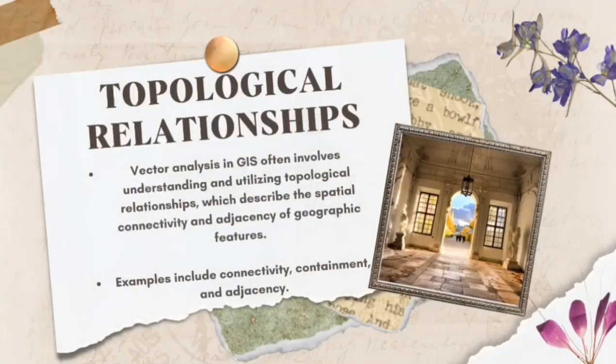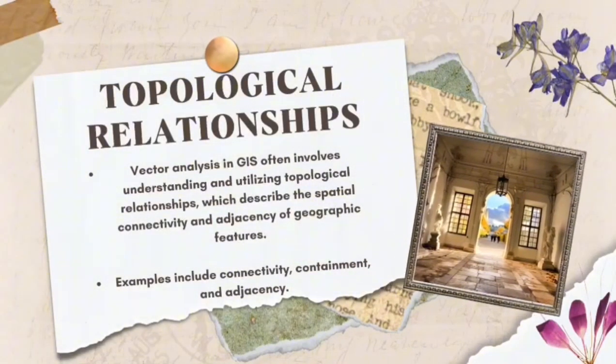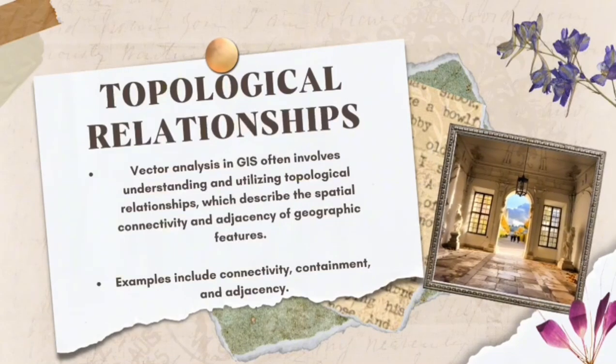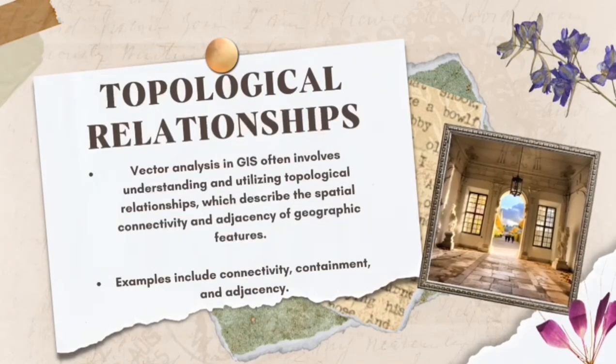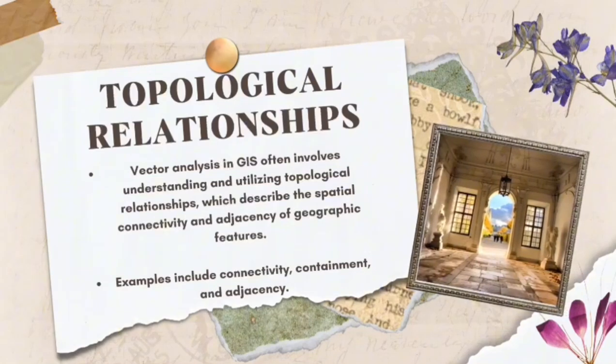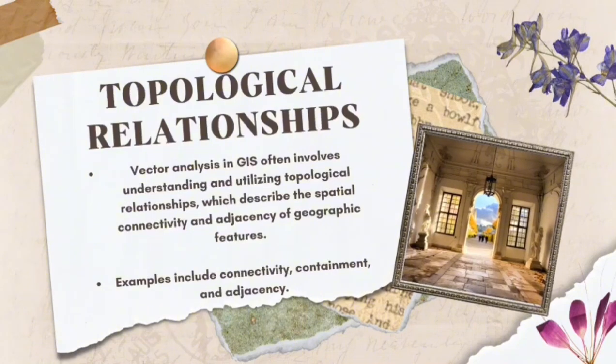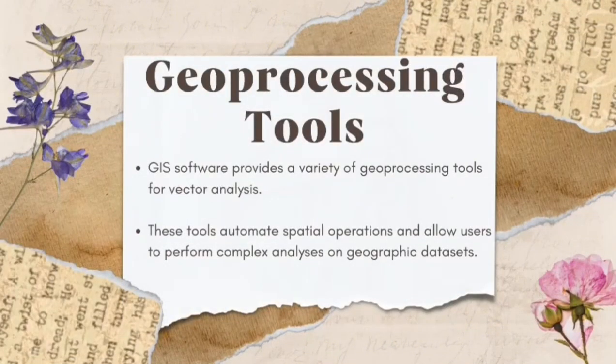For topological relationships, it often involves understanding and utilizing topological relationships, which describe the spatial connectivity and adjacency of geographic features. For example, including connectivity, containment, and adjacency. For geoprocessing tools, it provides a variety of geoprocessing tools for vector analysis.